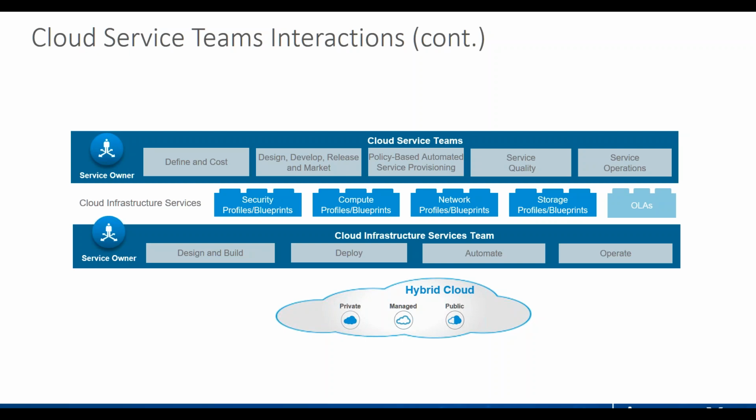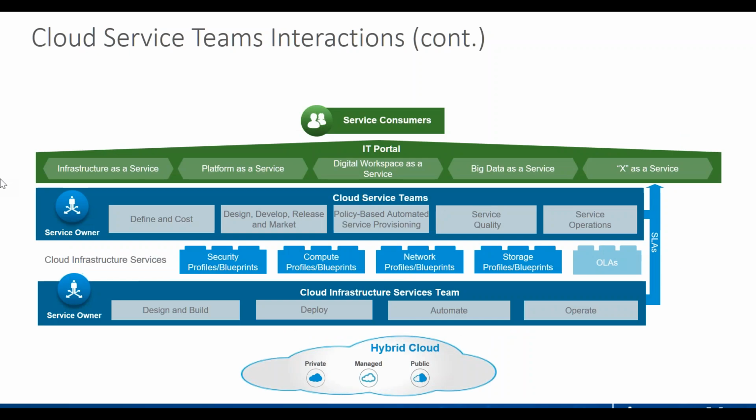They're going to look at how we're going to do policy-based automated service provisioning. So think of the bottom layer as folks who are building out the infrastructure and the top layer as folks who are building out the cloud catalog and vRealize Automation. And so between the two of these, we're able to communicate and create the correct blueprints that are required to make this happen.